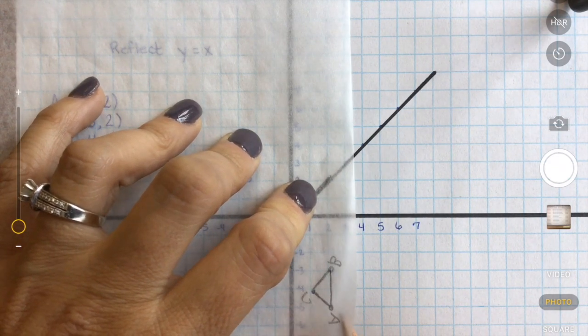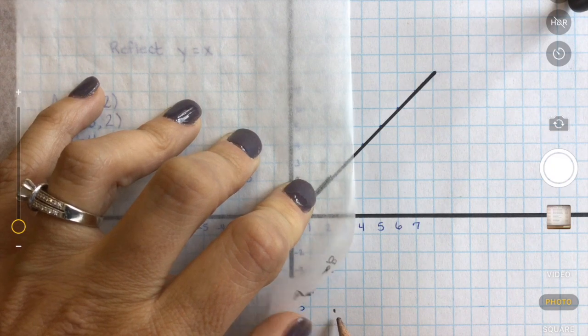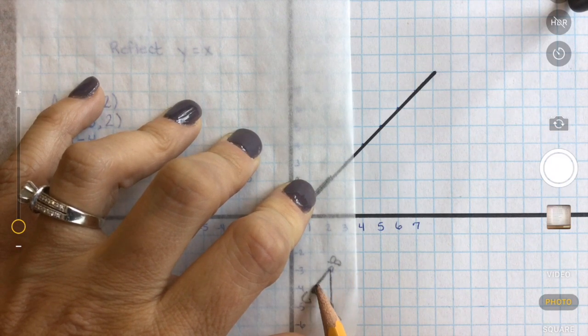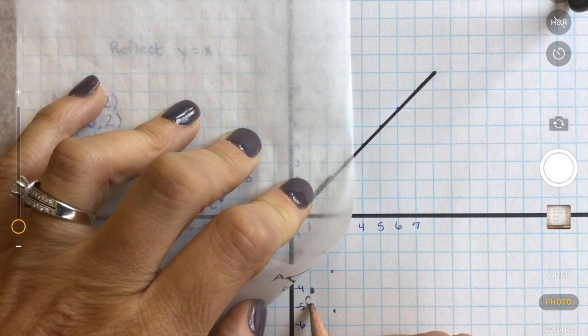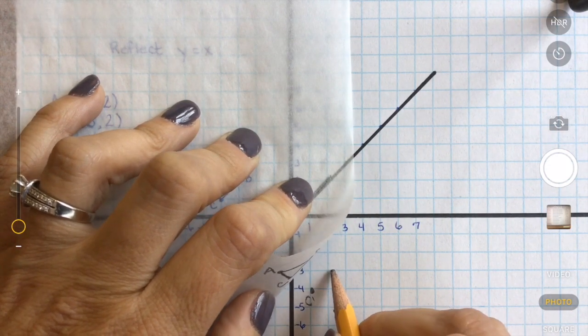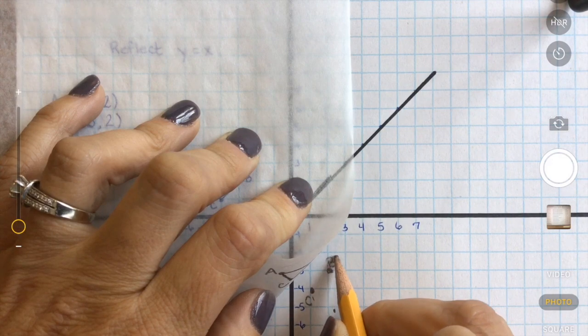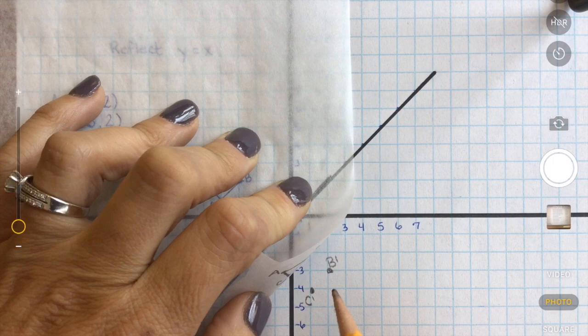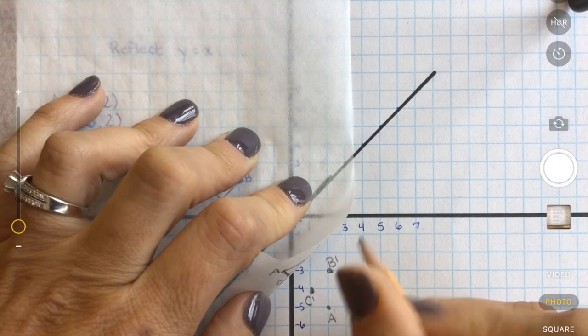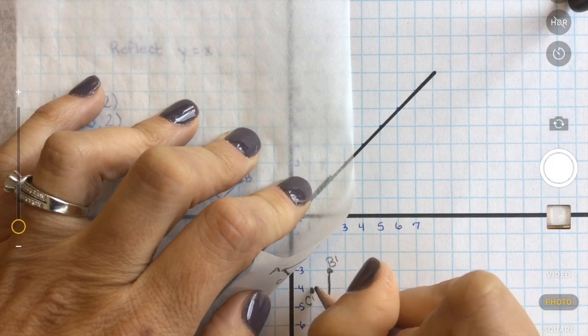I'm going to notice this is A prime, and then B prime at the top and C prime. So when I put my first registration mark, here's my C prime, here's my B prime, and then my A. Got off a little bit on my spot, my A prime. And I can connect them together.